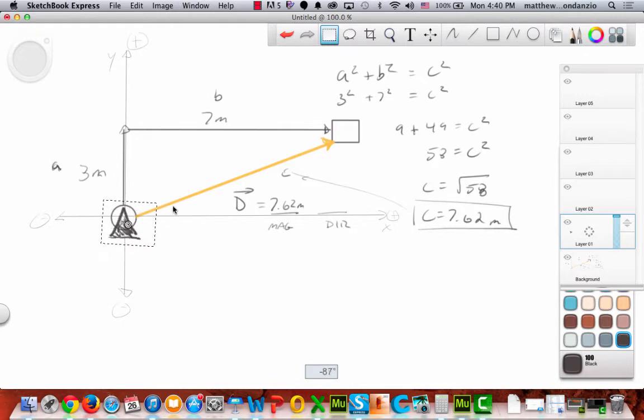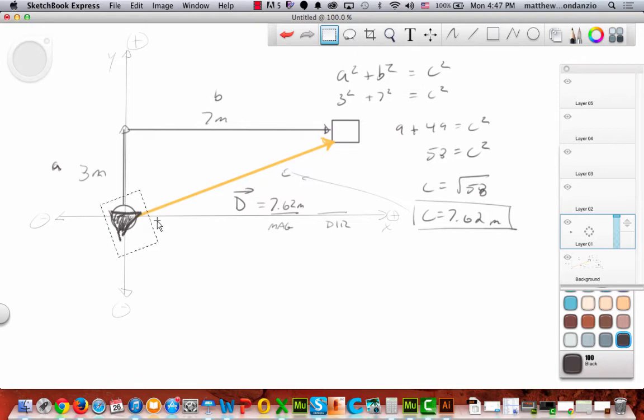I could also have been pointing straight up, and then I'd have to rotate this way, clockwise, to get to the orange position. Going from the y-axis to the resultant vector is clockwise, which is a negative number. And when we look at going from the x-axis to the resultant vector, it's going counterclockwise.